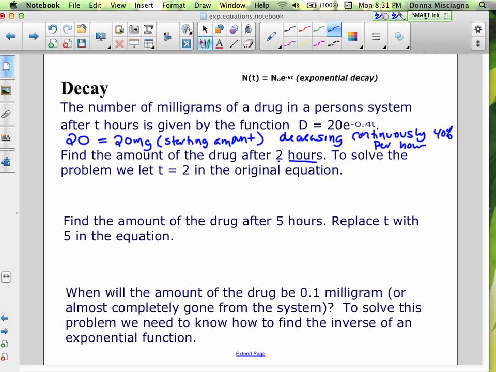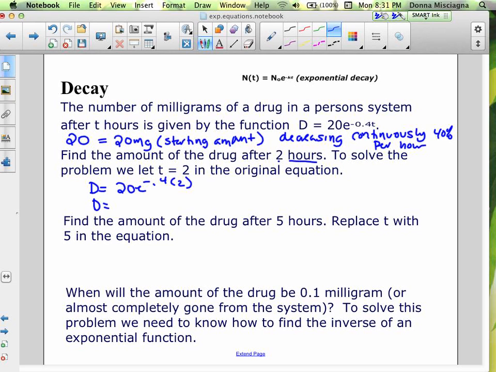All right, so we want to find the amount of drug after 2 hours, so we'll just replace the t with a 2. The amount of the drug is going to be 20e to the negative 0.4 times 2 power. Now we'll just use the calculator. Second natural log, negative 0.4 times 2, and then times 20.